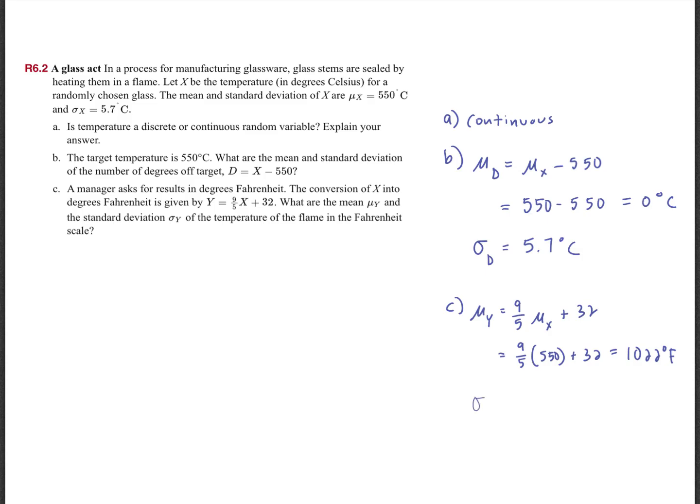Right, and then the standard deviation of Y is just 9/5 times the standard deviation of X. The standard deviation of X was 5.7, and that ends up being 10.26.